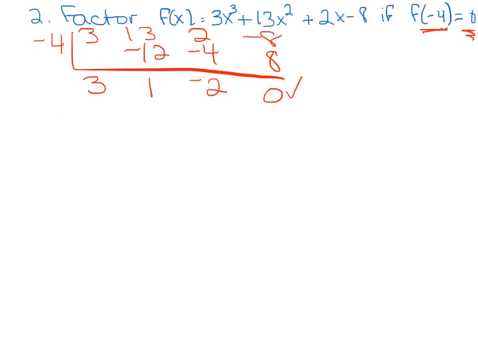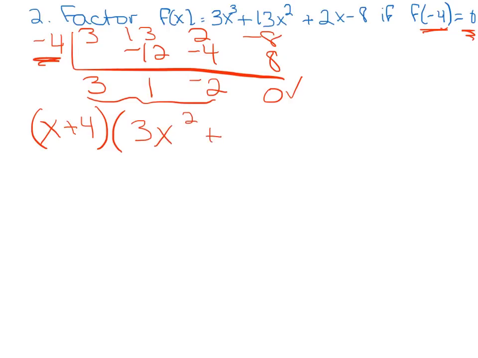Then I would take x minus k, so it becomes an x plus 4 inside the parentheses. And now this stuff here that we just got tells us our other polynomial, 3x squared plus x minus 2. And again, I would check to see, can I factor this further? So let's try a 3 and a 1.